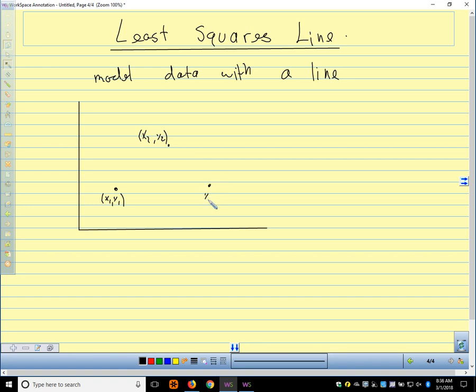What we're trying to do is fit a line that minimizes the squares of the distances. So that's D1, D2, D3. We're minimizing the vertical distance from the points to the line. So we fit all this data and we minimize the squares of the distances.